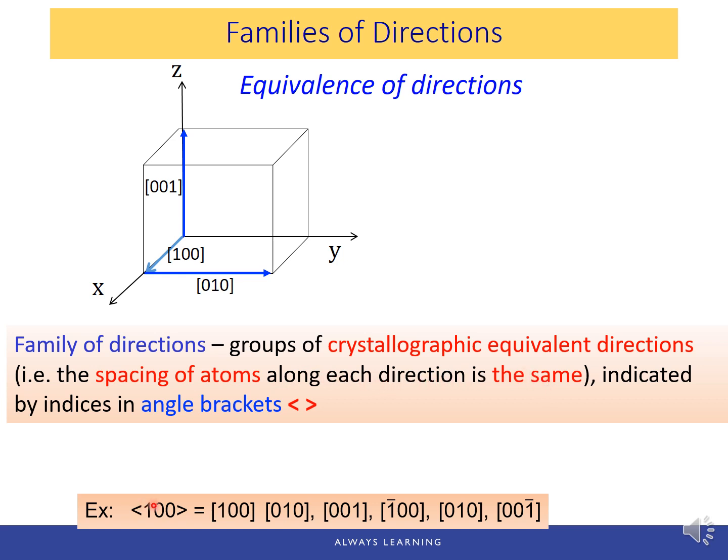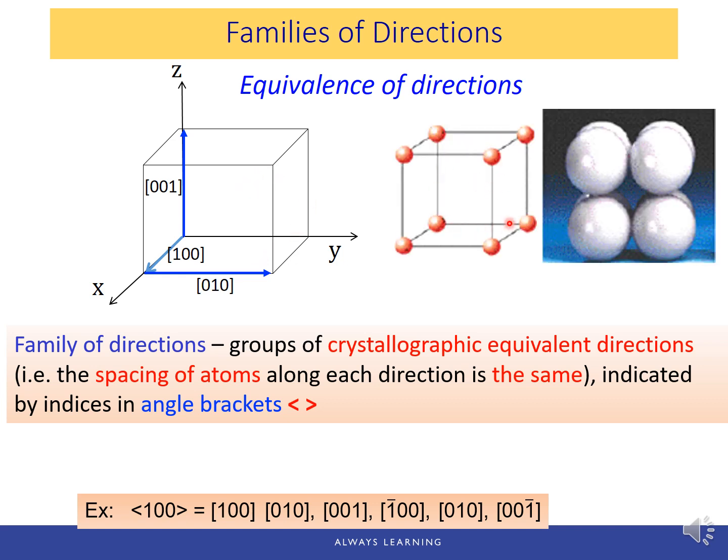So let's take this 100 family of directions as an example. So assuming we have a simple cubic, this is the unit cell of a simple cubic. So we know that along the edges of the simple cube, the atoms are in touch.